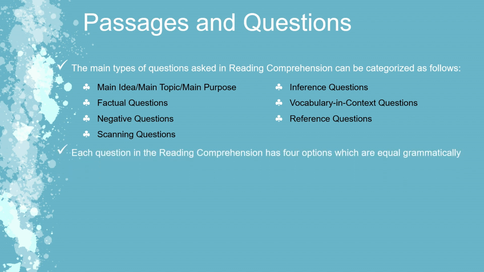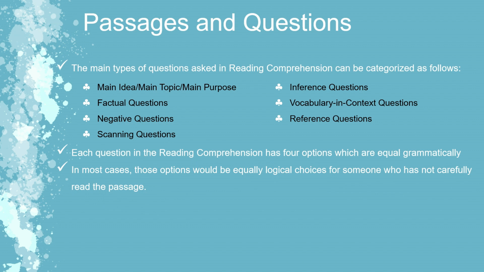Each question in the reading comprehension has 4 options which are equal grammatically. Remember, they are equal grammatically. In most cases, those options will be equally logical choices for someone who has not carefully read the passage. If you look for the answer that is grammatically correct, and you expect that the other choices are grammatically incorrect, you're wrong, because every option is grammatically correct.